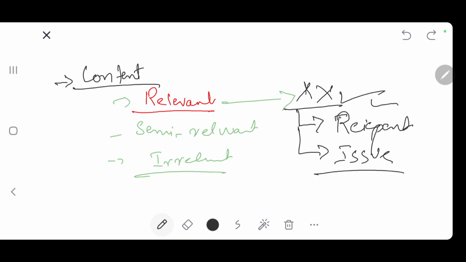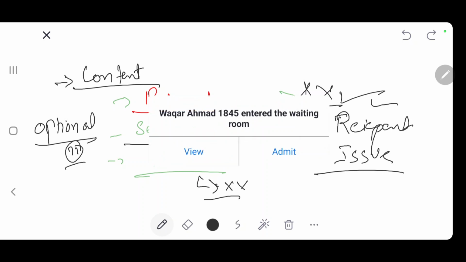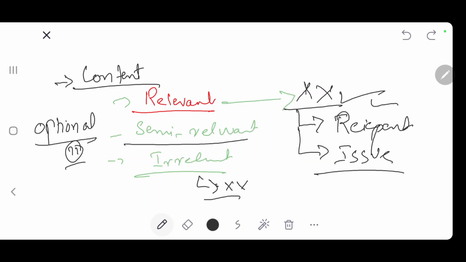If you have done the selection in this way, that you have written the relevant history with reference to the person, and you have not written the irrelevant history, and semi-relevant is optional. Semi-relevant is your option. So, according to the importance of the history, you have to select the relevant case notes.